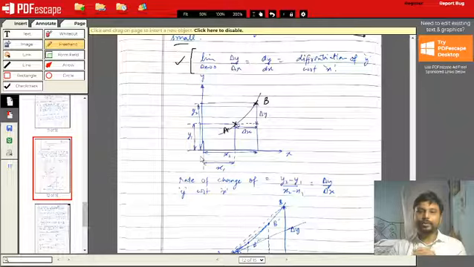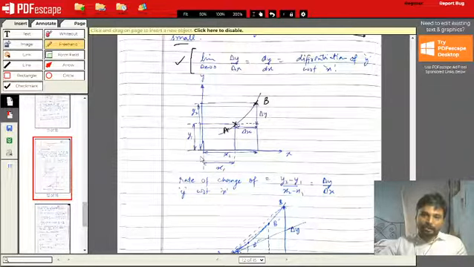The corresponding change in x is delta x, which is mentioned here. That is what we are aiming for: the change in y and the change in x. If we compare this with the ratio of displacement and time, it would be very easy to have an analogy.